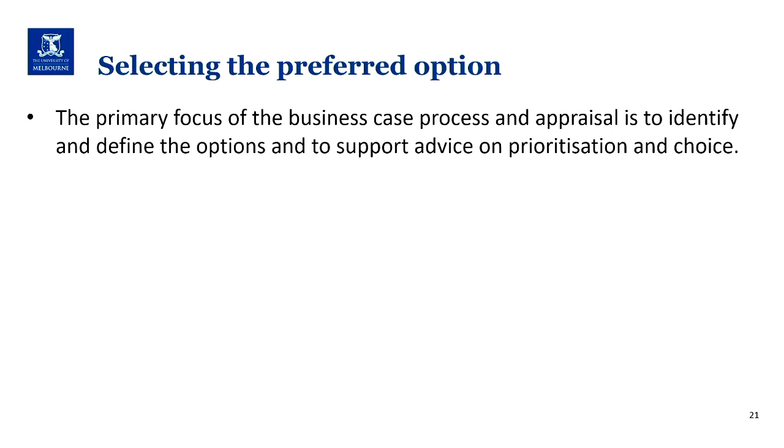And then the idea is that you have a short list of options, the most suitable ones, and then you have to choose one of those options, the best one, to try to solve the problem with the most benefits. So the focus of the business case process and the appraisal process is to identify and define options, to prioritize these options, and to try to choose the best one.